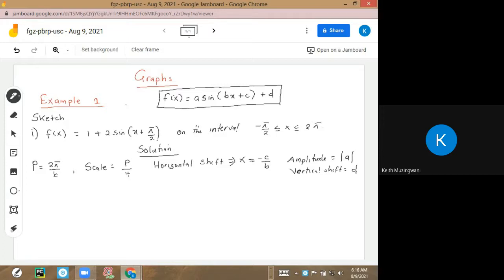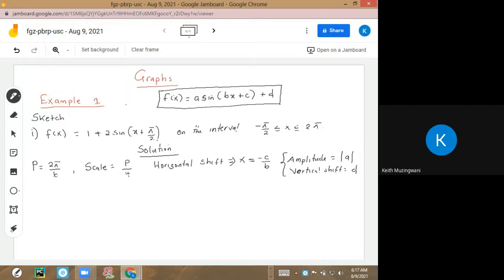If it is positive, you get it as positive. If it's negative, as negative. But A, you get as positive always. That's why we bring in the modulus. So you only get to these when they ask for them. If they just say sketch, just get these first three parts here.